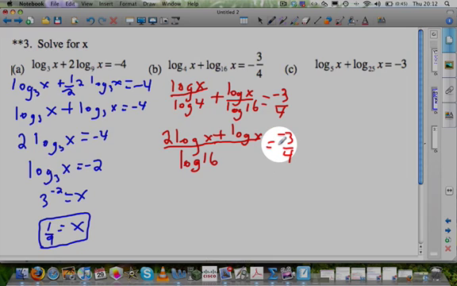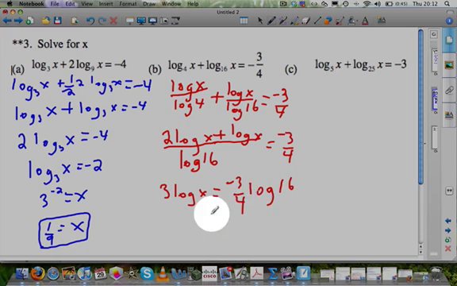Okay, so 2 log x and a log x gives me 3 log x's, and any base we like at this point, and -3/4 log 16.